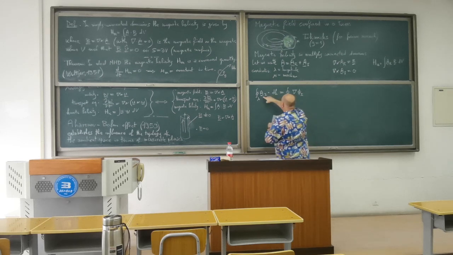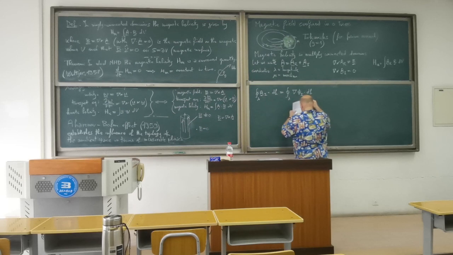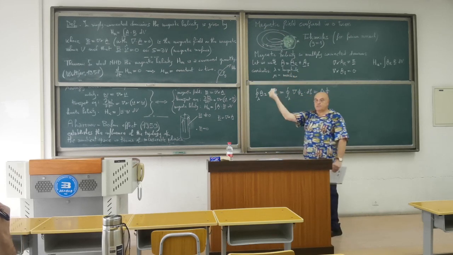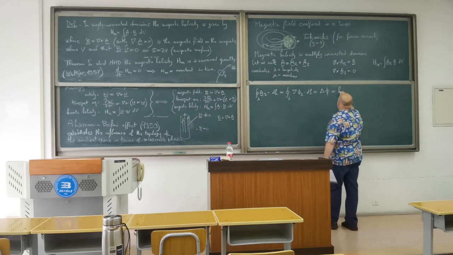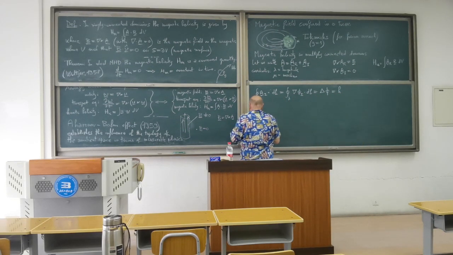The potential associated with this vector potential is the scalar function phi, and this is the jump of phi when we go from sigma minus to sigma plus. So we can call this H.